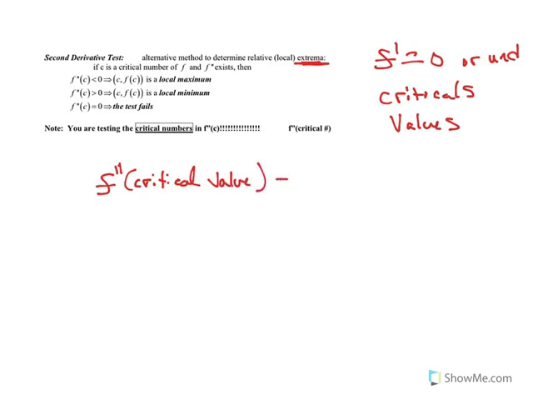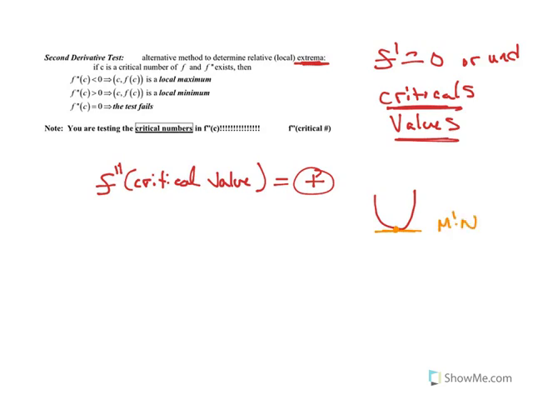If, for example, you got a result of a positive number, well, that's telling you that at this critical value, this possible min or max, what the curvature is there. So if it's concave up, and this is a potential min or max, then we can kind of deduce that that's going to have to be a min. So that's going to be a min.